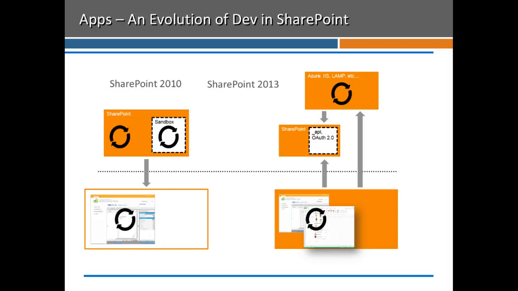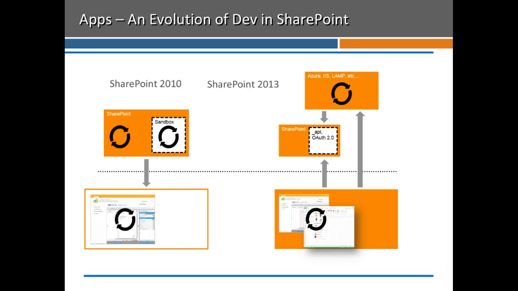So with SharePoint 2013, we now have the ability to deploy apps. We can still deploy customizations to the farm like we did before, and we still have the sandbox, but there's really no reason to use it anymore. But apps give us a lot more flexibility than the sandbox did, without, in the end, impacting the rest of the farm.